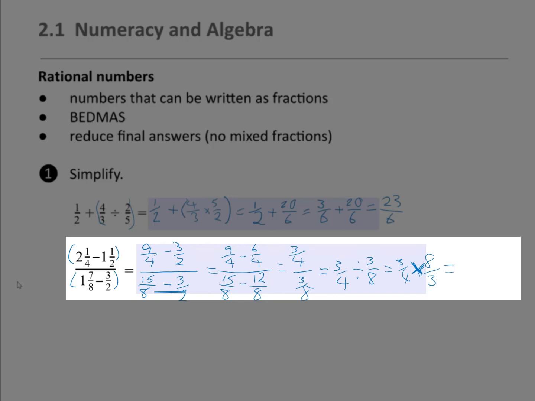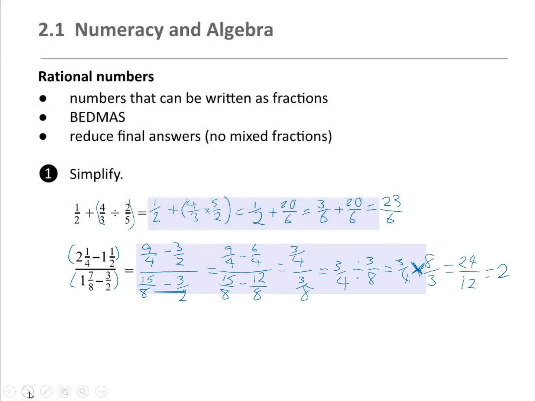So 3 times 8 gives us 24. 4 times 3 gives us 12. Well, 24 divided by 12 gives us 2, and we are done. Okay. And that's just basic BEDMAS using fractions. Let's go to the next slide.